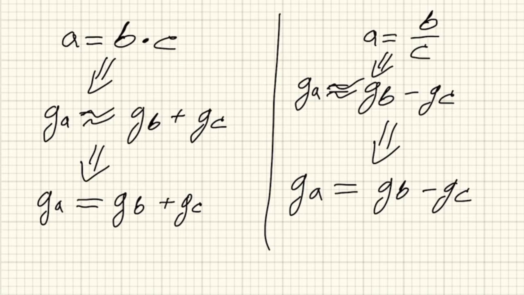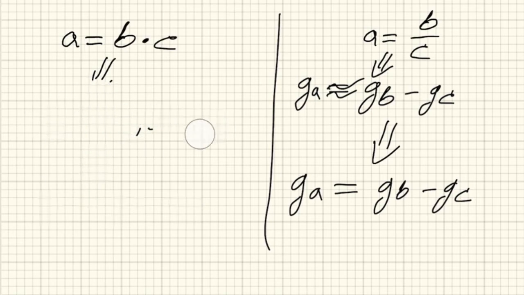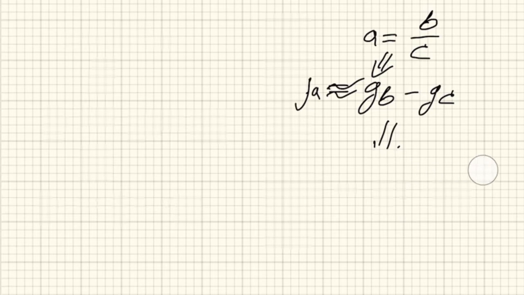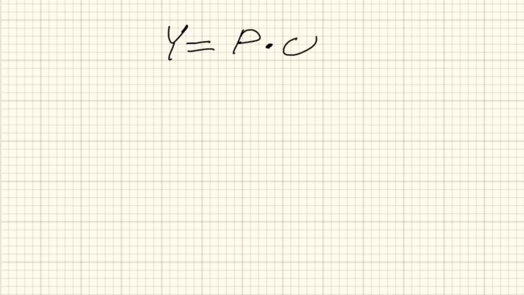Now we can take an example and look at GDP, gross domestic product. Gross domestic product, as you have seen previously, can be written out as output in nominal terms equals price level times quantity.